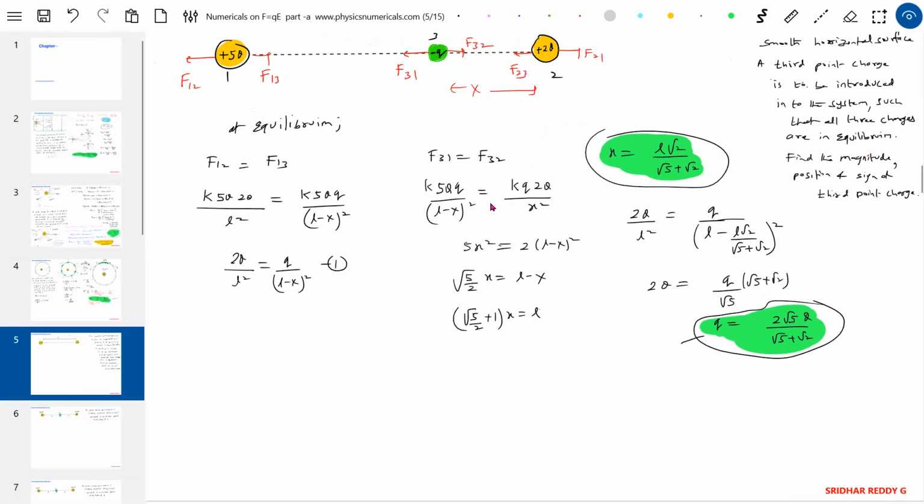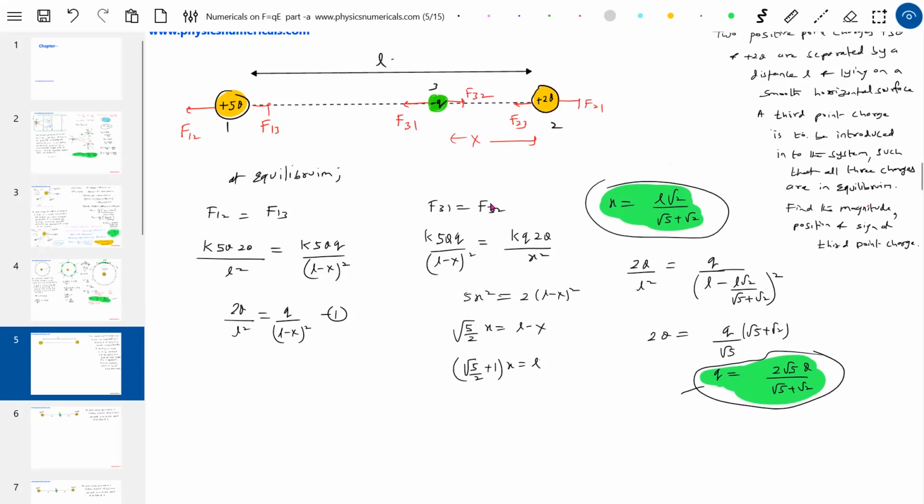If a student thinks this way, let me take the charges and bring a third point charge somewhere here. I'll keep the same negative charge. What's wrong, student? Will you get an answer for this?